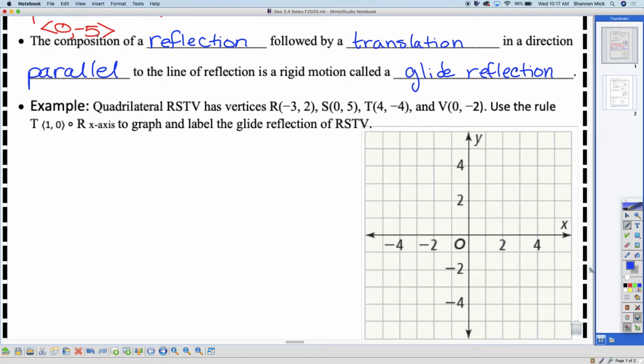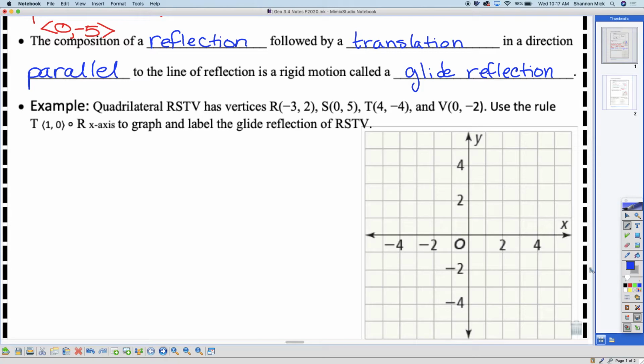Okay, so the quadrilateral RSTV has vertices at -3, 2, 0, 5, 4, -4, 0, -2. Use the rule T, what does T stand for? Translate 1, 0, composed with R of the x-axis, right?